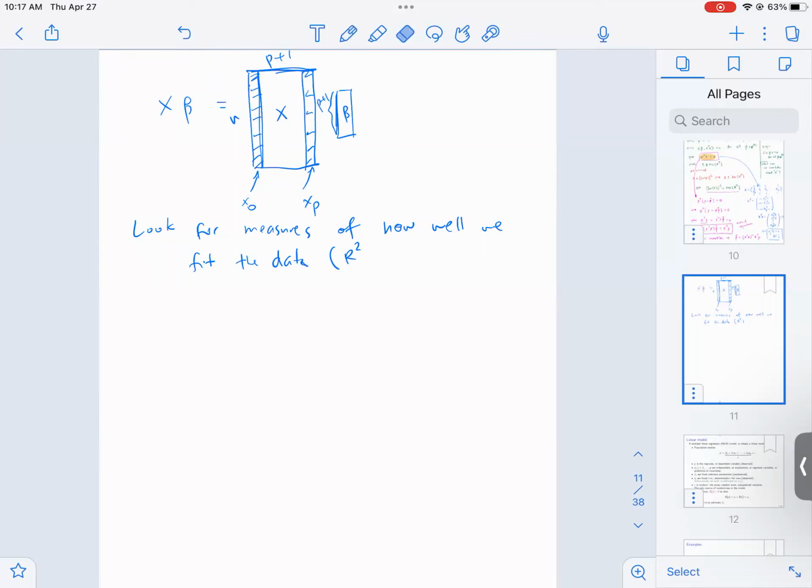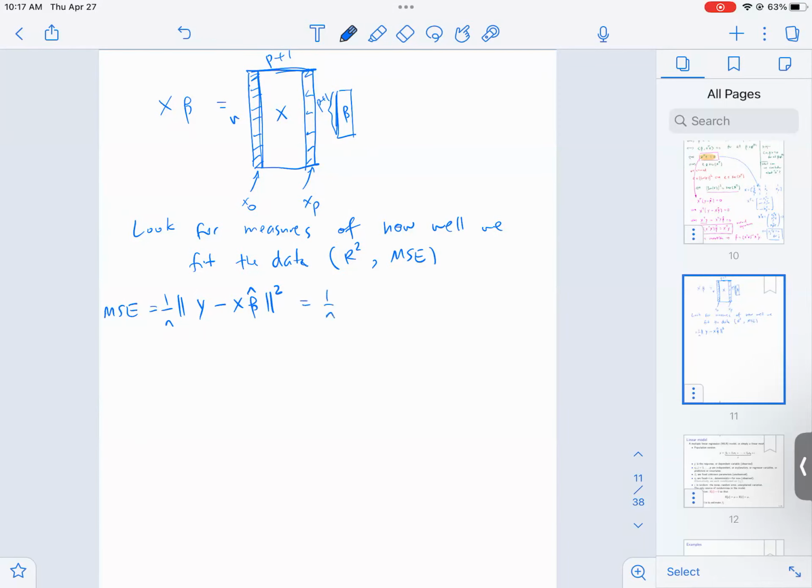It's like a normalized version of MSE. The easiest thing to calculate is y minus x beta hat, the error that we get at the optimum. We minimize this, or the square of it. If I divide it by n, this is the MSE.